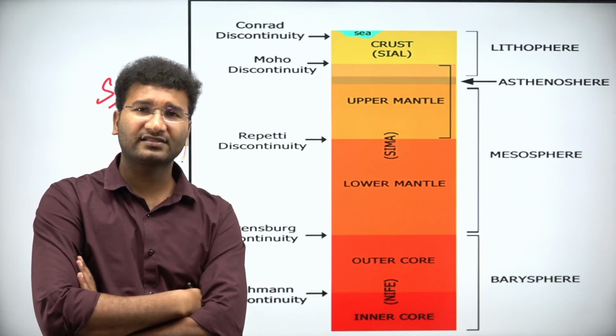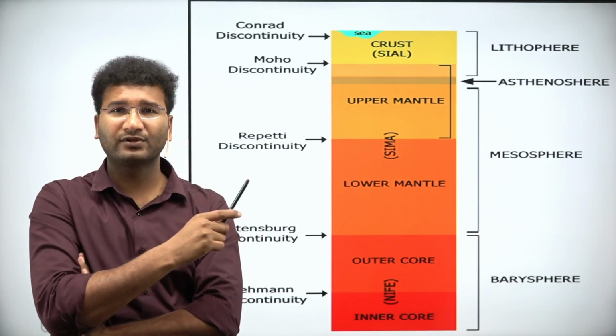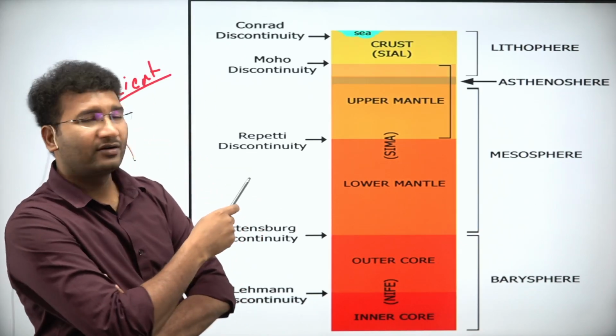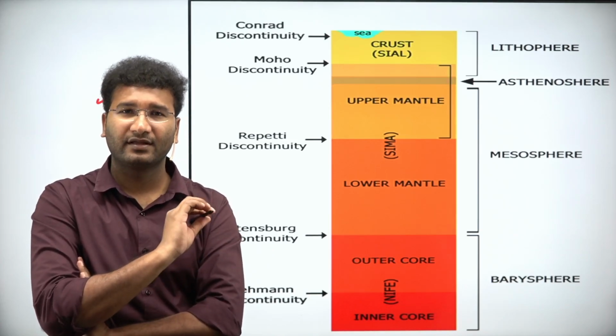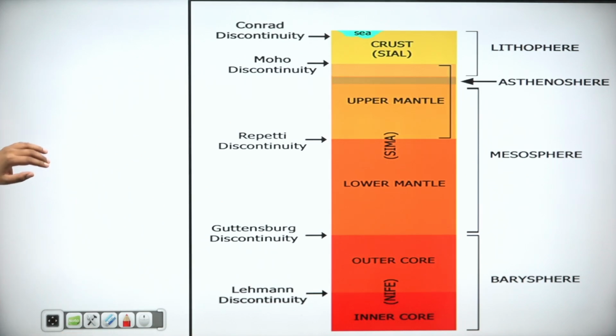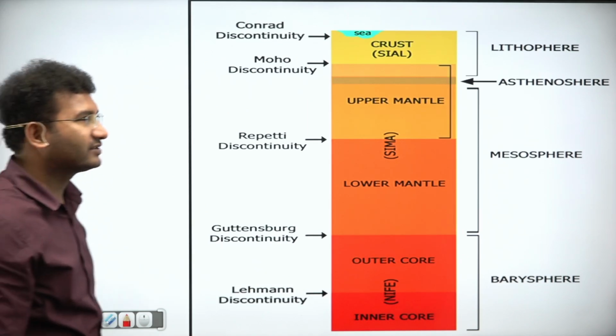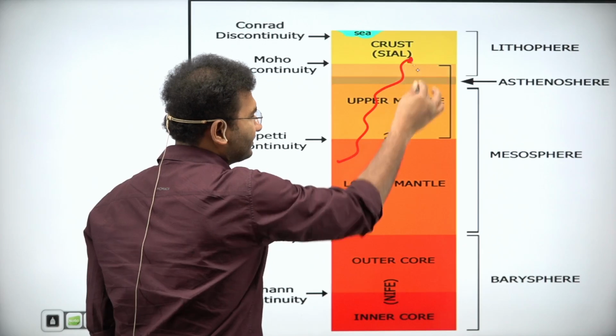Now all these discontinuities are based on the chemical composition. They are not based on the mechanical composition. Okay? See, discontinuities means, suppose there is an earthquake wave and it is passing through various layers.